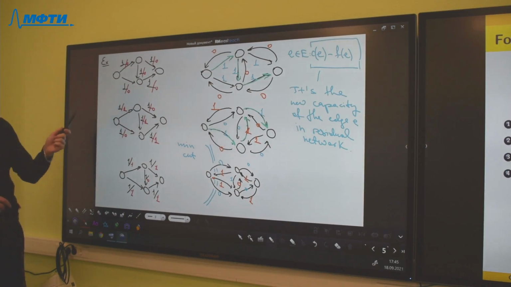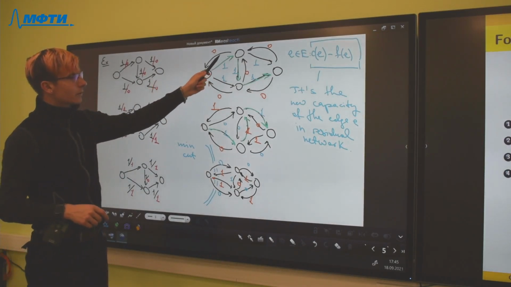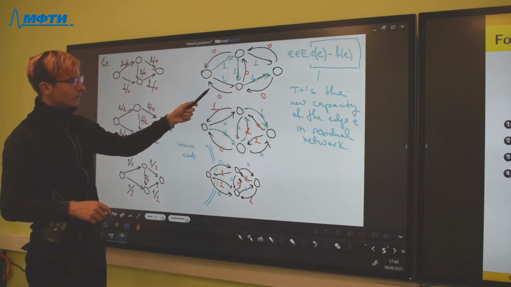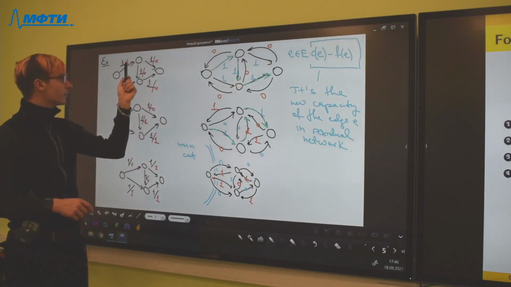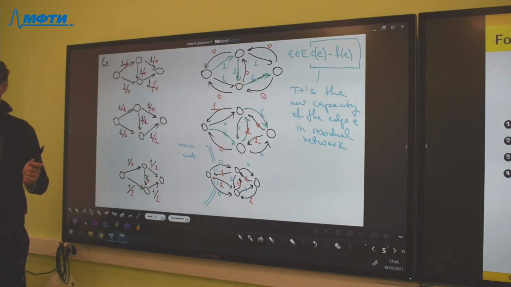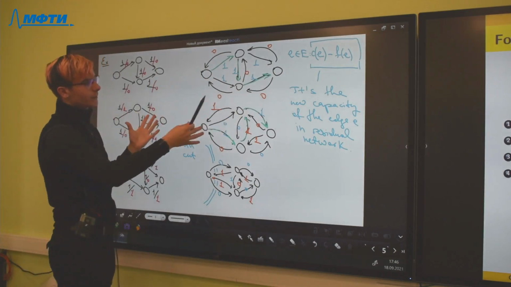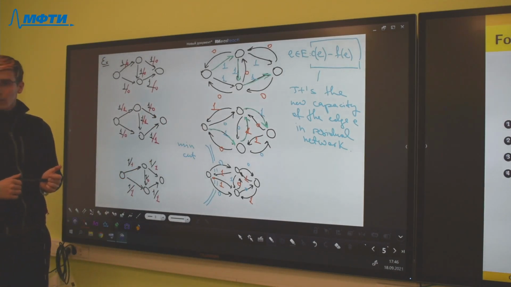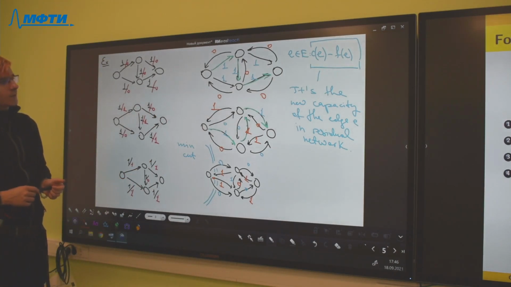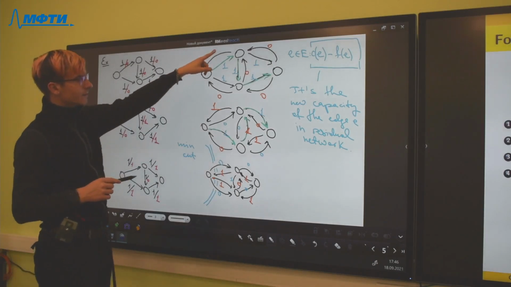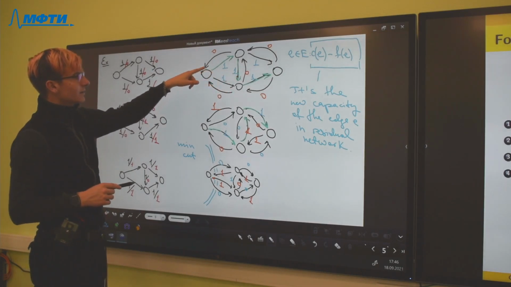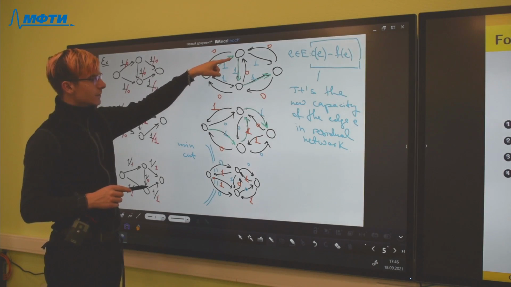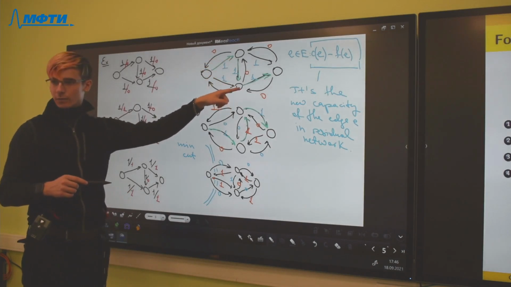And then we say that an edge in the residual network has capacity equal to the difference between the capacity of this edge and its flow. It is understandable too. And okay, we build the residual network. Then we try to find a path in this residual network from the source to the sink that contains only edges with capacities bigger than 0.